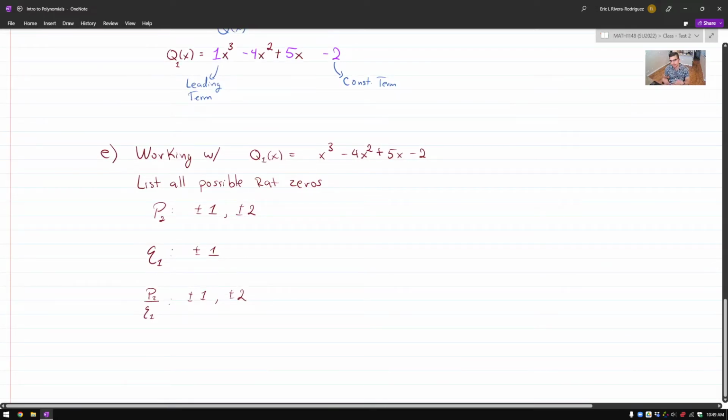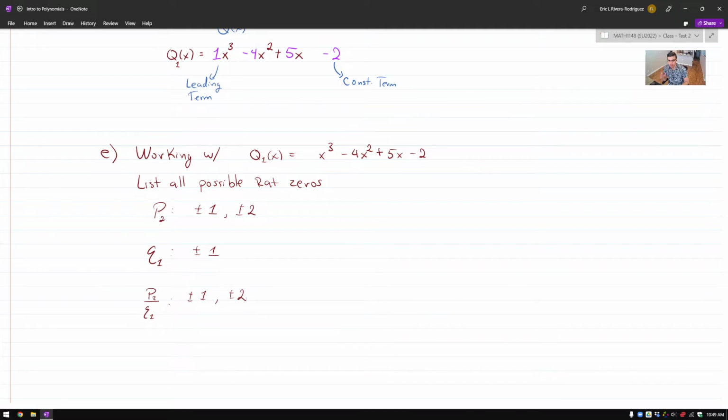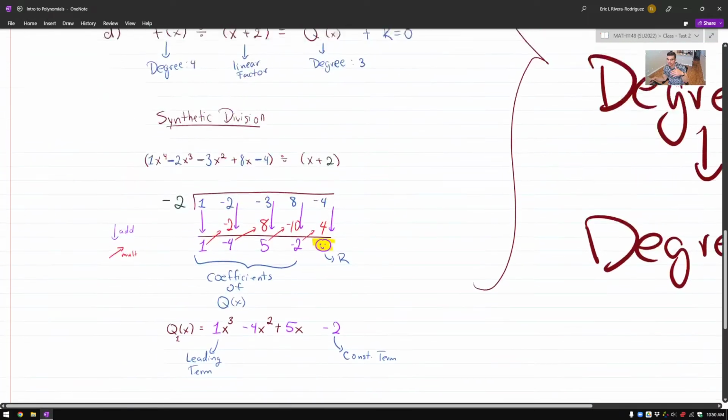We can go and do the graph evaluation for now. Q sub 1 of x is just the quotient of the division of the polynomial by the factor x plus 2, so it has the same zeros, or the zeros that remain unidentified.